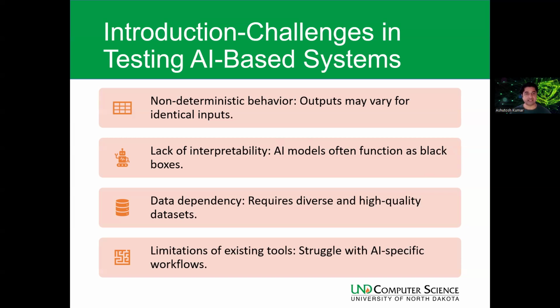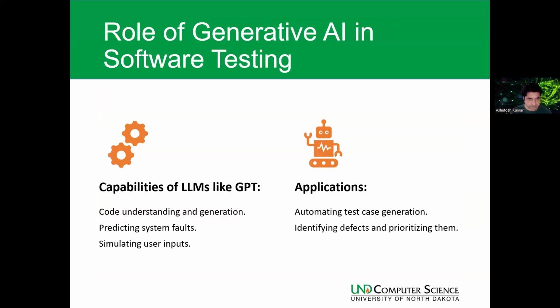Moreover, many AI models such as deep learning networks are black boxes, meaning their decision-making processes are opaque. These systems are also heavily reliant on the quality and diversity of their training data, which makes testing dependent on comprehensive datasets. Existing tools often lack the capability to handle such AI-specific issues.